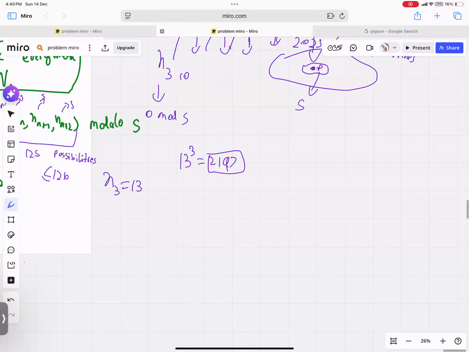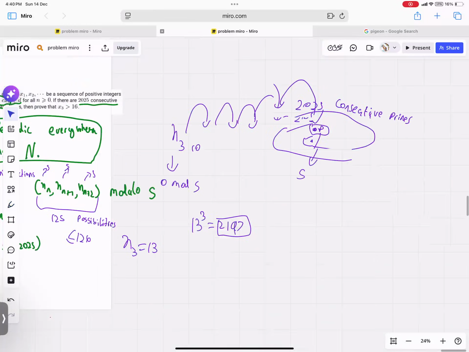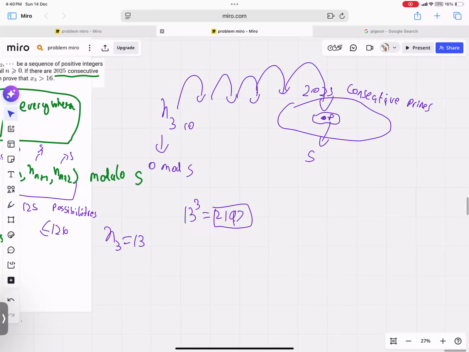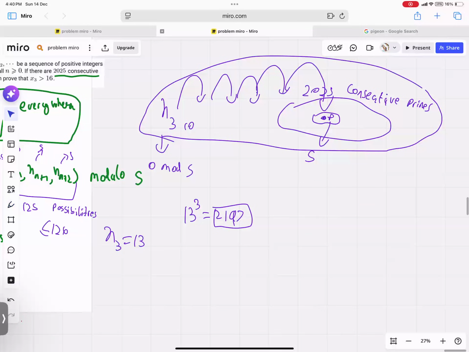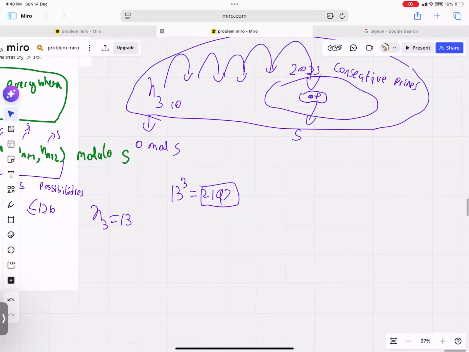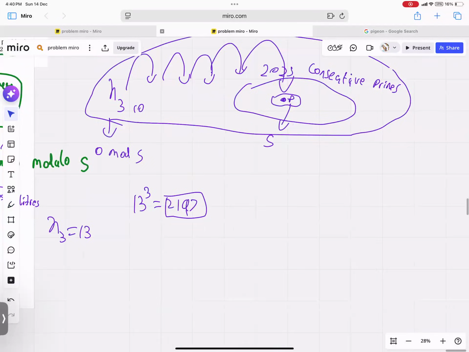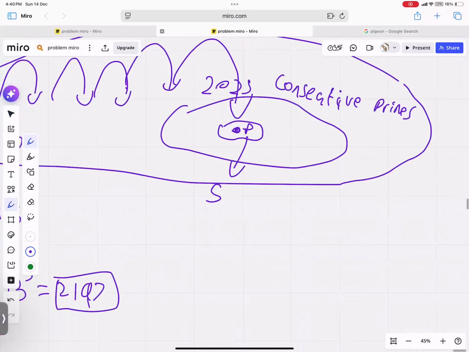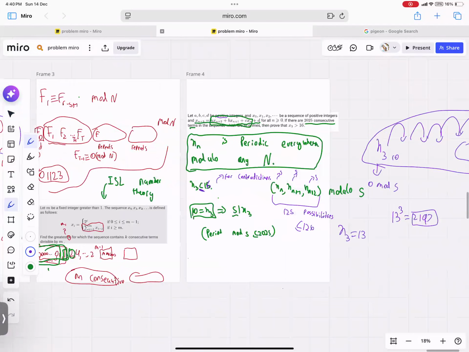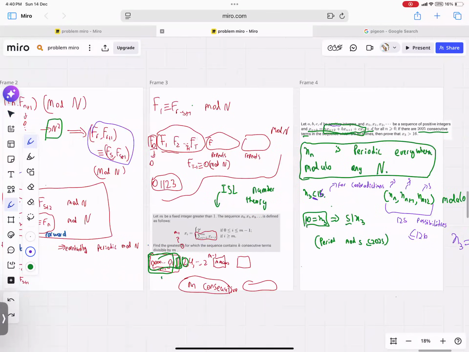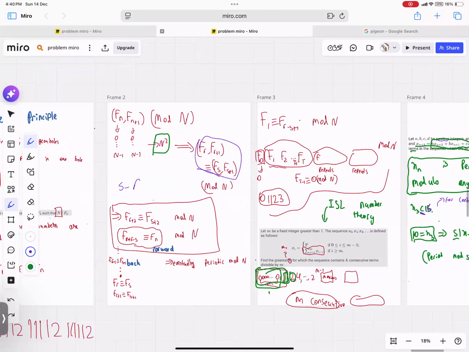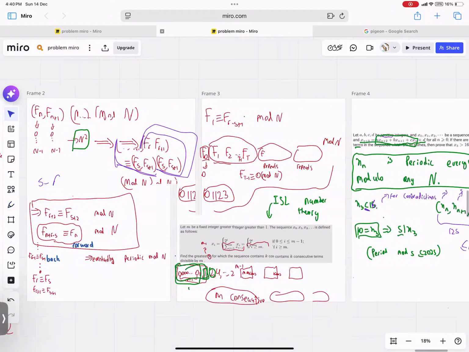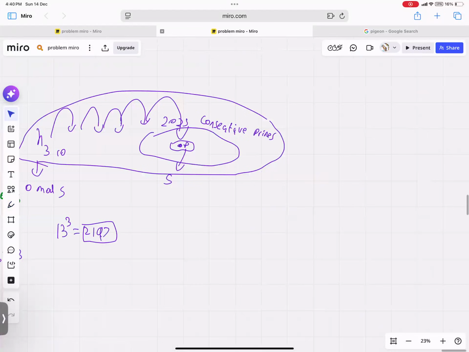So our argument works perfectly fine for anything less than 13. But the moment we reach 13, we have to modify it a bit. You know how we were taking these blocks? These blocks were arbitrary, but now we're restricting these blocks to these primes.